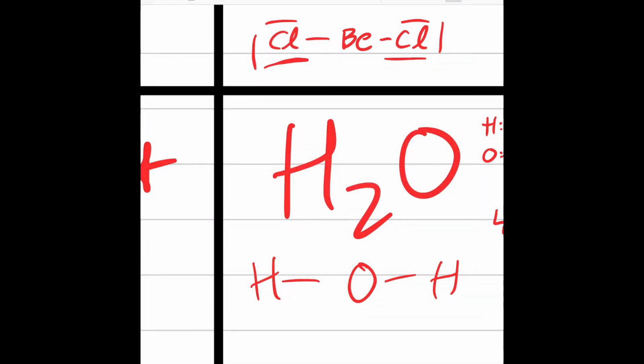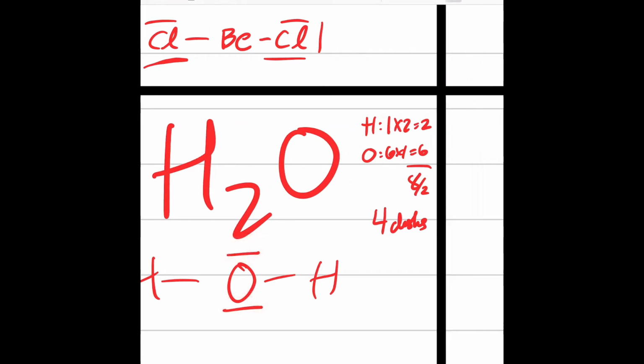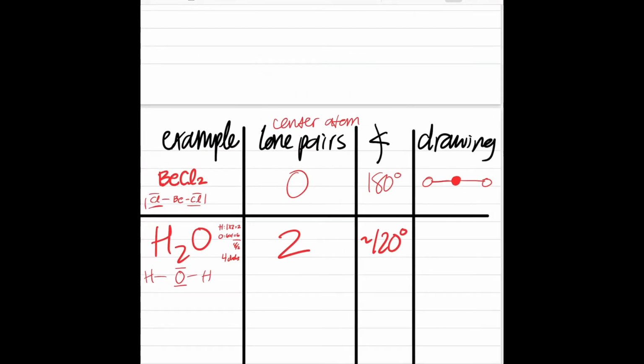So the rest of the dashes then go around oxygen, like that. Now I do have 2 lone pairs on my center atom. This is a lone pair, that's a lone pair. And so that's where that 2 came from. That's about 120 degrees.